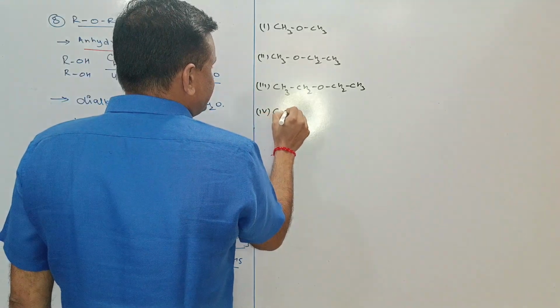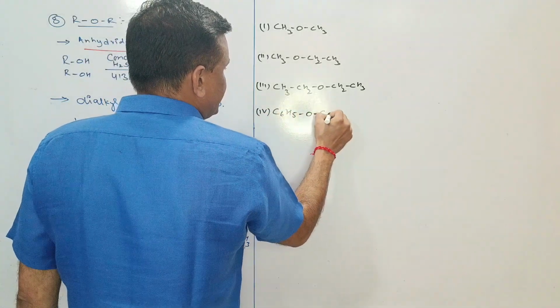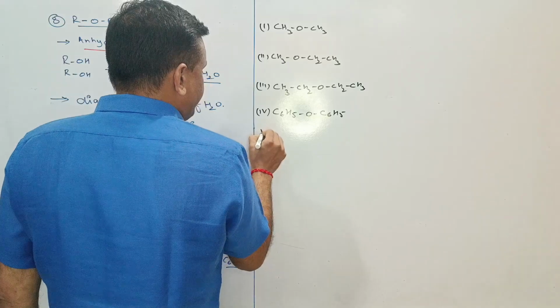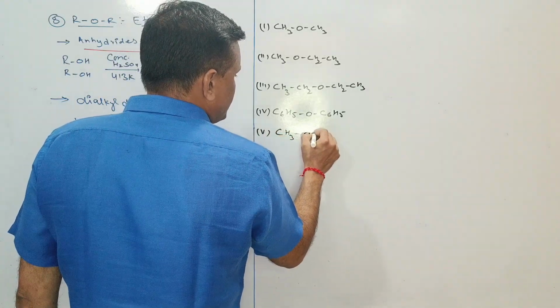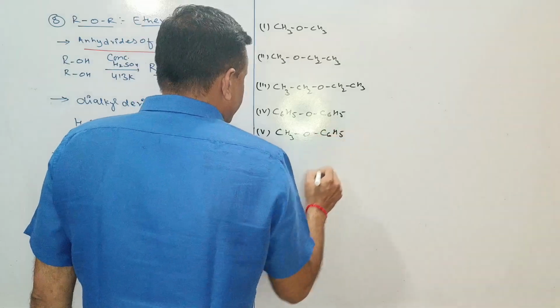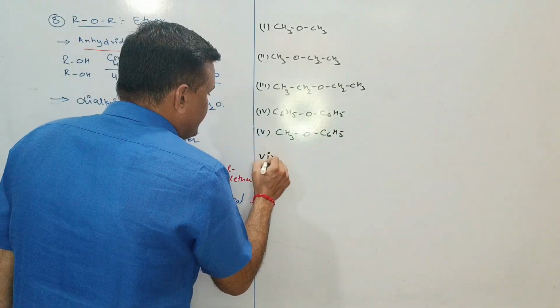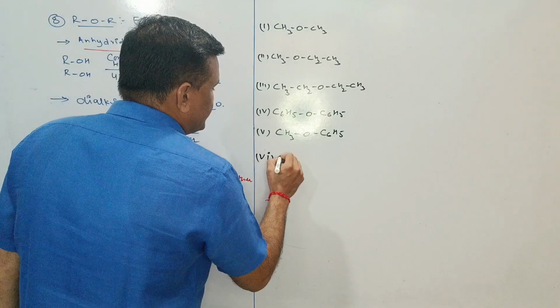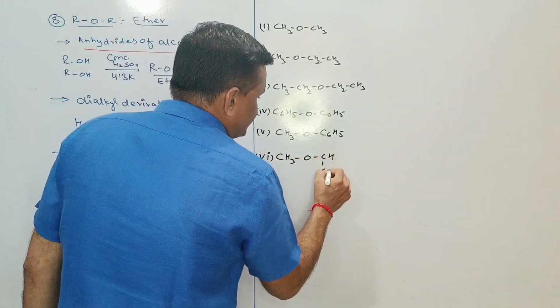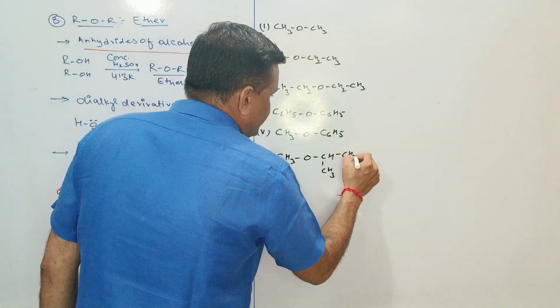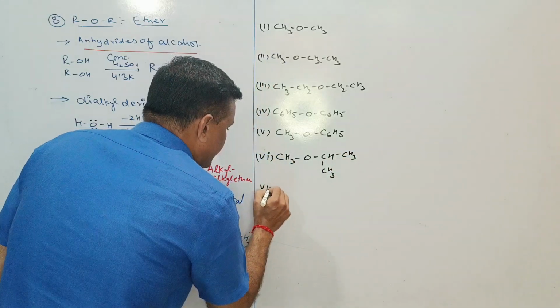You can take C6H5OC6H5. This is the fifth compound. This is CH3OC6H5, your sixth compound. You can take CH3, O, CHCH3 and CH3. This is the seventh compound.